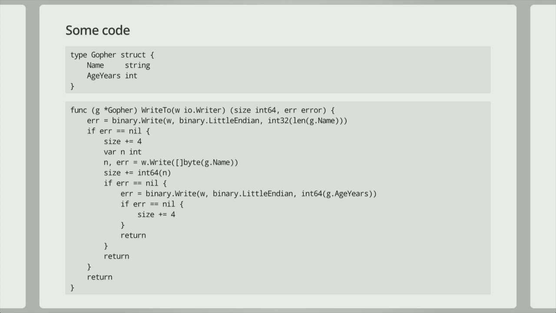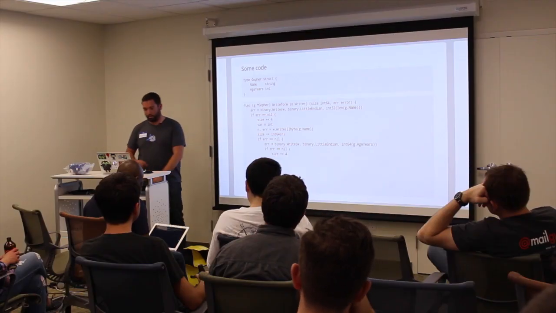So I'm going to add those numbers and say, if it didn't fail, now I'm going to write the age as an int64, because Gophers can grow very old. And check if the error is nil. If the error is nil, that worked out, so I can add 8 bytes to the count. And then return.